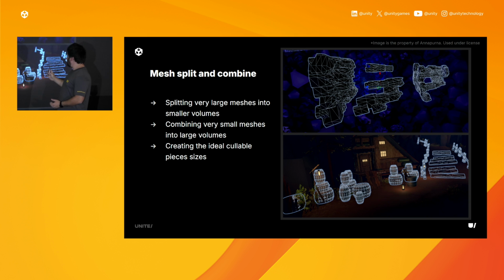In this case, props in the village such as barrels and planks and the stairs were combined based on material. This was also important because it still allowed for batching, into just larger and fewer pieces. And this was really important to the culling system because it had to deal with more appropriately sized and also fewer meshes.